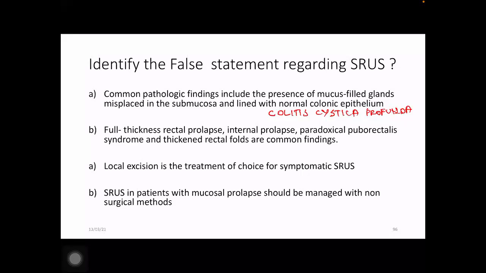That too, not an ulcer excision. SRUS in patients with mucosal prolapse should be managed with non-surgical methods. True. Yeah, true. In a patient with mucosal prolapse, you can manage with non-surgical methods. But in a patient with a complete rectal prolapse, the rectal prolapse surgery will have a role in the healing of solitary rectal ulcer syndrome. Fine.